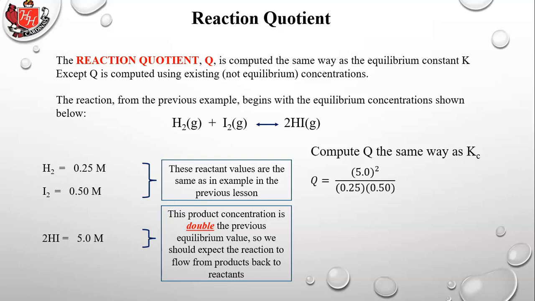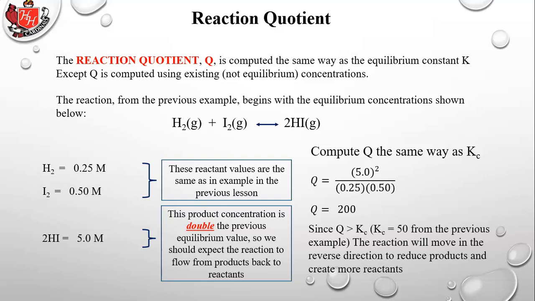So now when we compute Q, we get 200. Q equals 200. So since Q is greater than the equilibrium constant, which from the previous lesson we computed to be 50, the reaction will move in the reverse direction and reduce the concentration of products and create more reactants, increasing their concentrations.